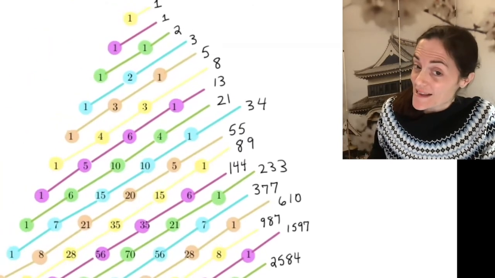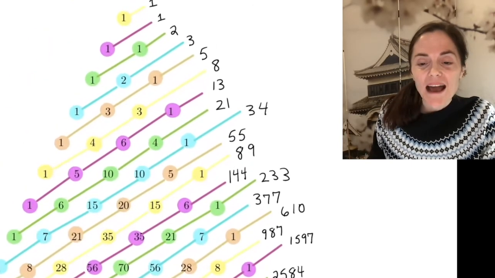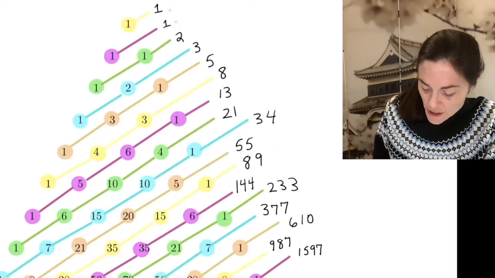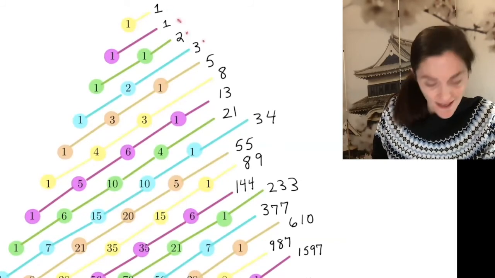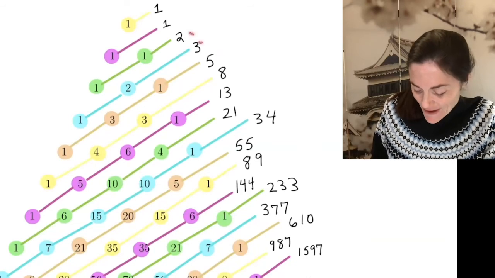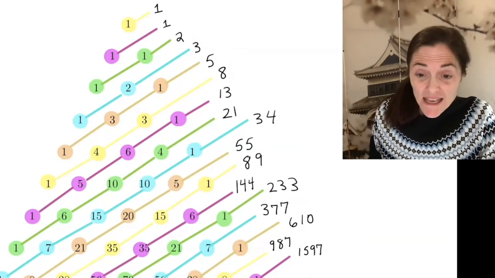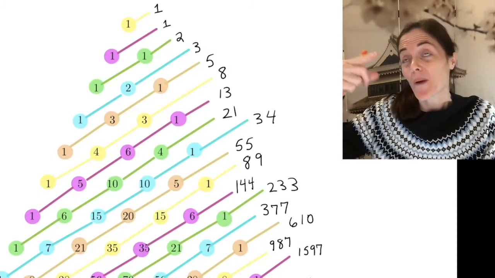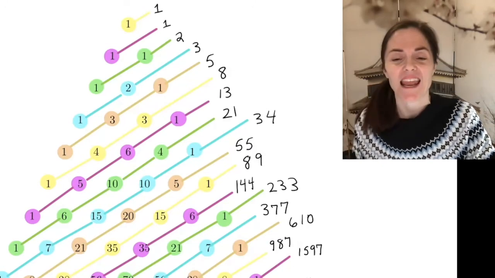So we still see Pascal's triangle, but now look what we see. 1, 1, 2, and then add these two. 3, add these two. 5, add these two. 8, etc. So these are the Fibonacci numbers. We start with 2 ones, and then you add 2 consecutive ones to get the next.